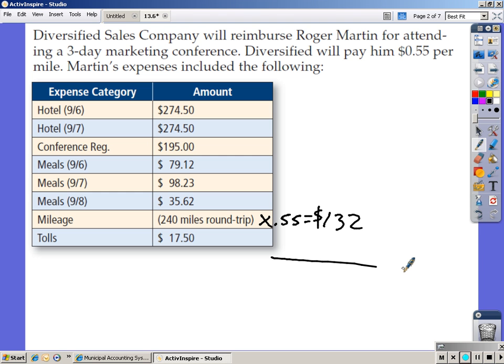And you should come up with total travel expenses of $1,106.47. Okay? Pretty easy stuff. Let's go ahead and look at problem 1 on the homework.